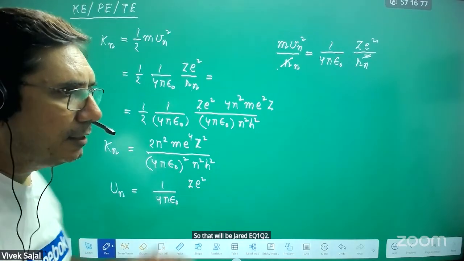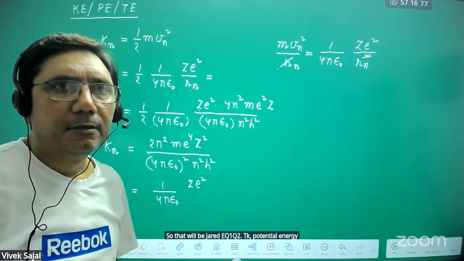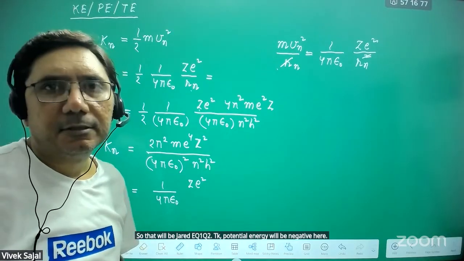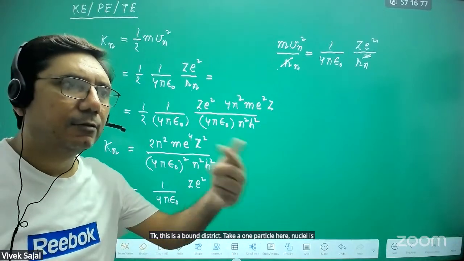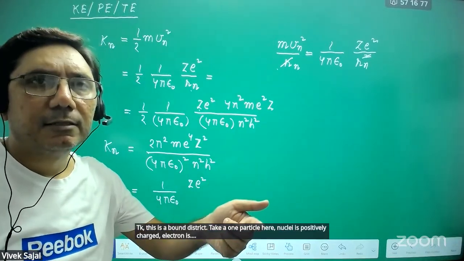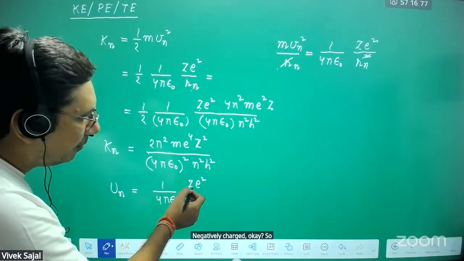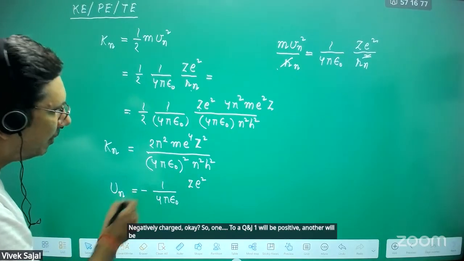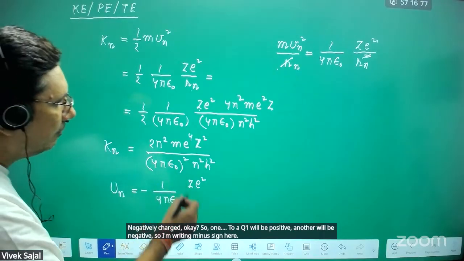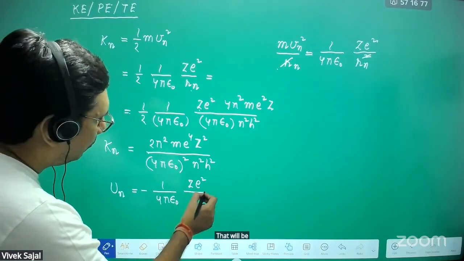Potential energy will be negative here. One particle, the nucleus, is positively charged, the electron is negatively charged. So one Q is positive, another negative. So I'm writing a minus sign here. That will be Ze square upon r_n.